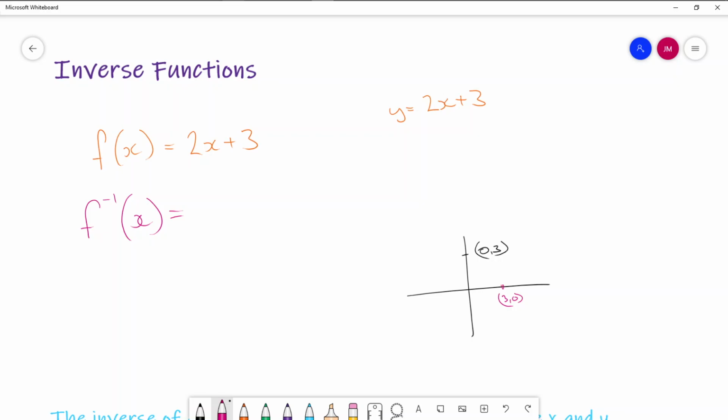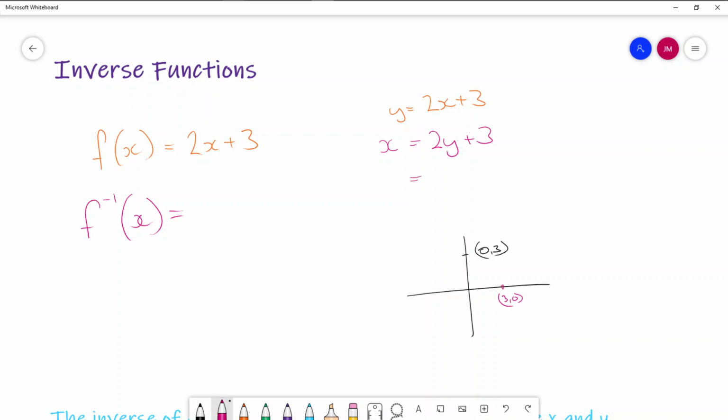If the x and y coordinates swap, then we rewrite this equation exactly how we see it here, but we're going to swap the x and the y. So you can see what I did there from the orange to the reddy purple. We've swapped the x and the y. So now I have x equals 2y plus 3, and then we rearrange to make y the subject.